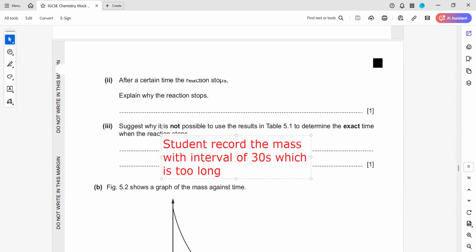Is it clear, this one? Why it is not possible to determine the exact time when the reaction stops? Yes, sir.